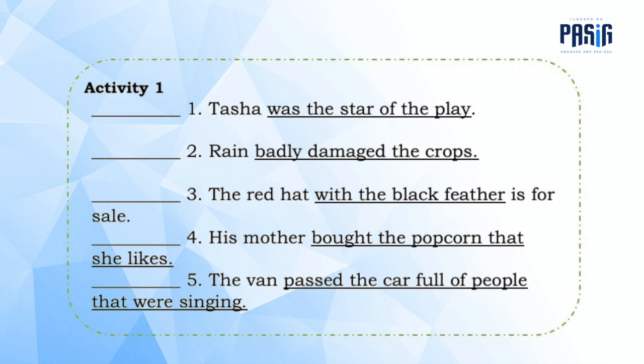Rain badly damaged the crops. Number 3. The red hat with a black feather is for sale. Number 4. His mother bought the popcorn that she likes. And number 5. The van passed the car full of the people that were singing.